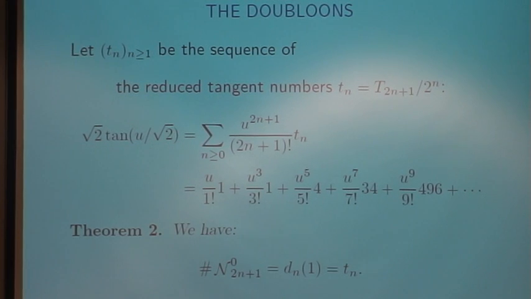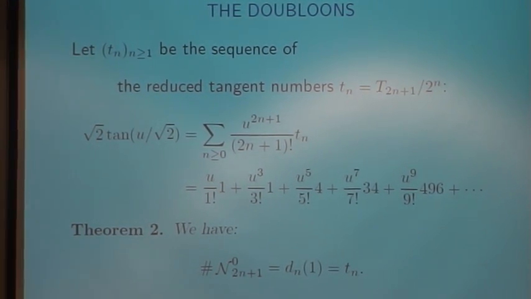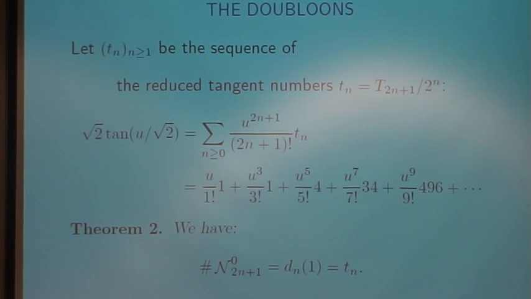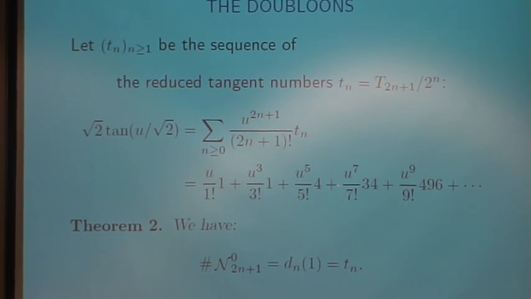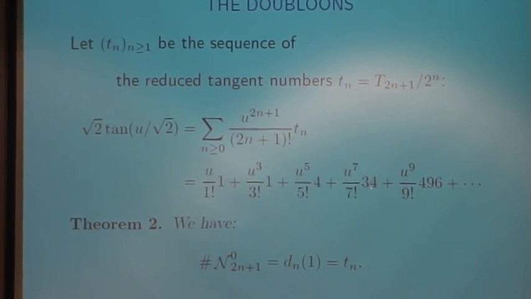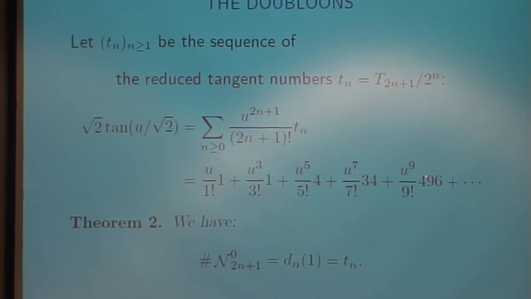The reduced are those 1, 1, 4, 34, 496, which is simply the tangent numbers divided by powers of 2. They are still divisible by, there are still even integers in here, you see. But this is not the maximum divisibility by 2 of those numbers.